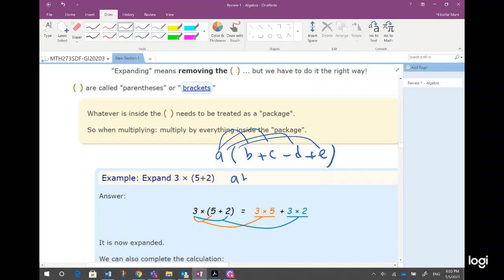So it is ab plus ac minus ad plus ae. If a is negative, I have to change all the signs inside. I have to remember I multiply with all of them inside.